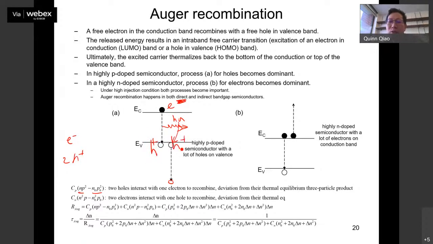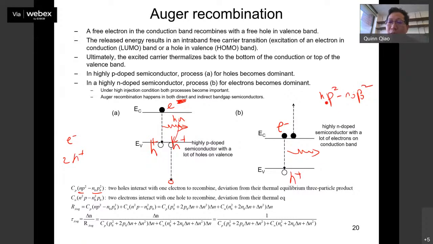The same thing you can do with 1 hole, 2 electrons. Now the hole and electron recombine here, releasing the energy, and this energy is taken by another electron, which kicks itself up to a higher level, okay? So that's why the derivation is np squared minus n0 p0 squared, okay? That's what it means.